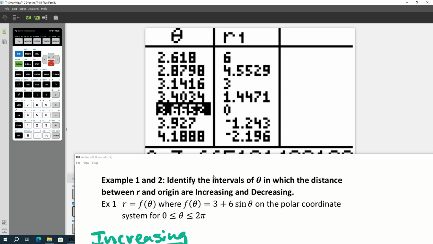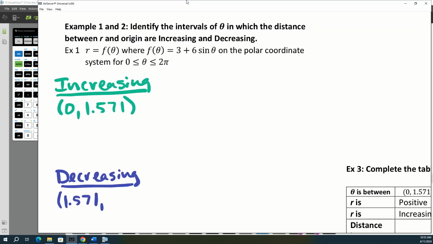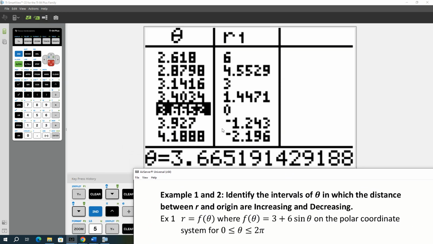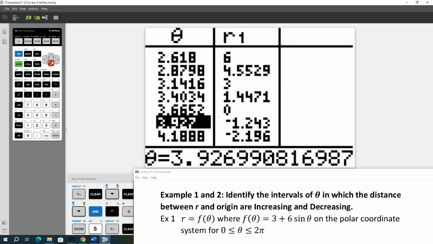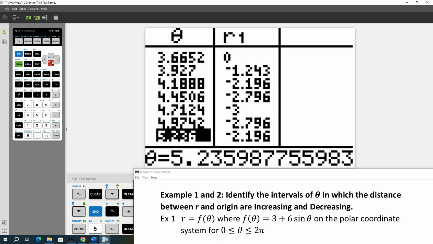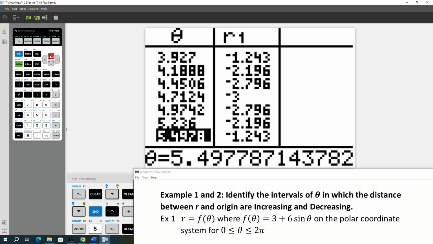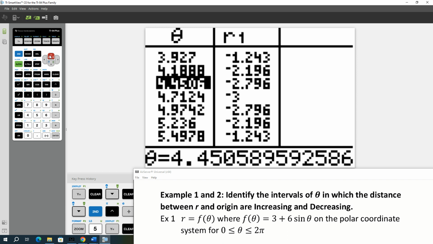And then r changes to negative and decreasing. So hold on. All right, so at 3.665, r is negative, but it's still getting smaller, smaller, smaller until we get to what number? 5.7.